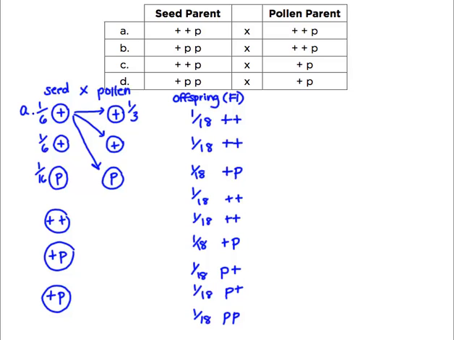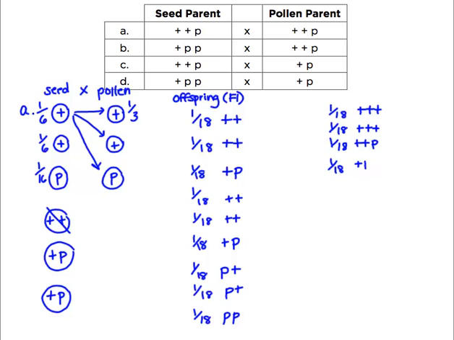Now let's look at the N+1 gametes. So again, all the probabilities are going to be 1/18th. So you have plus. Okay, 1/18th, so that took care of that gamete.